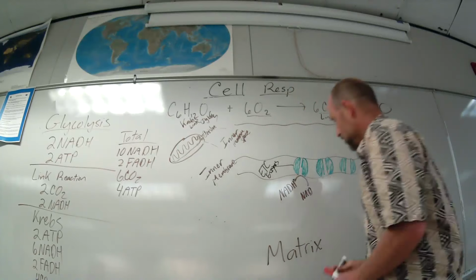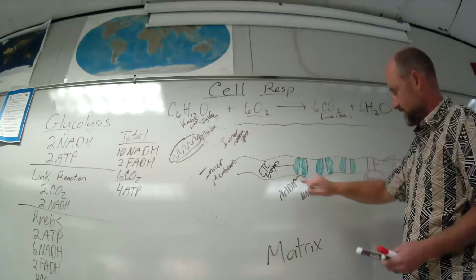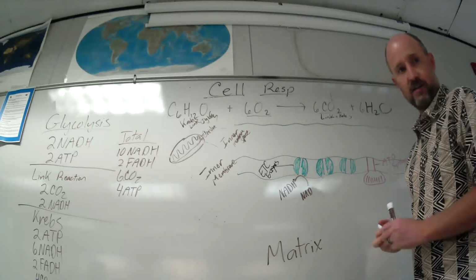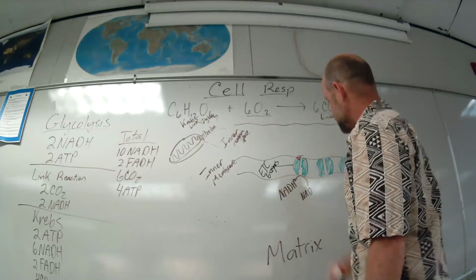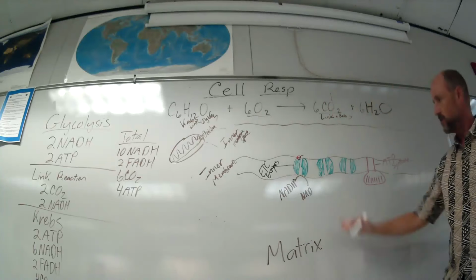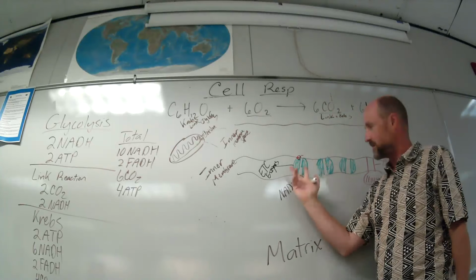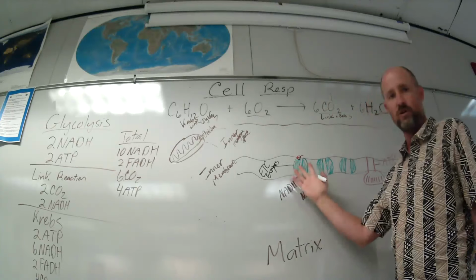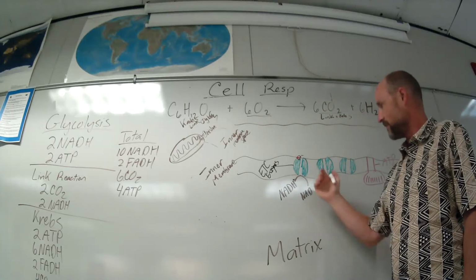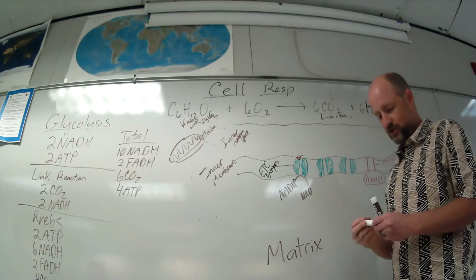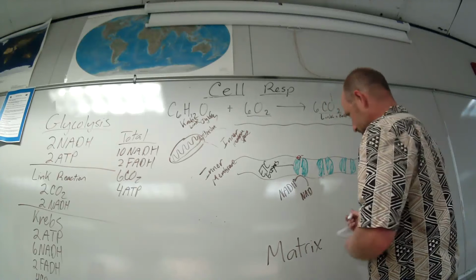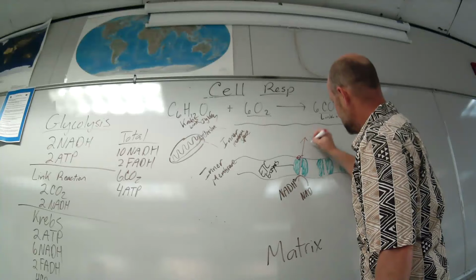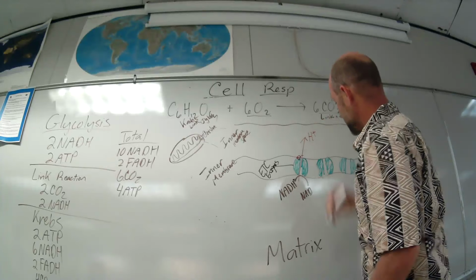What happens here is it's going to drop off its electron. Hoping you guys can see this in red, and it's a really high energy electron, lots and lots of energy. It takes special molecules like this enzyme to hold that energy because it's so strong. And it's going to use the energy from that electron to actually pump hydrogen into the inner membrane space.